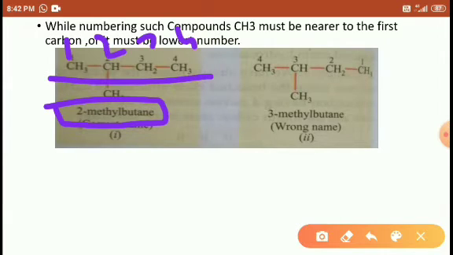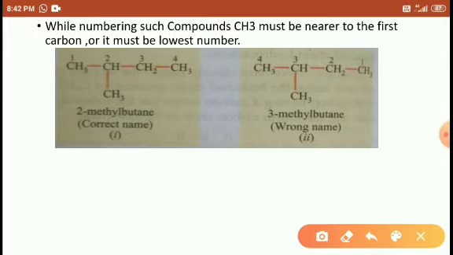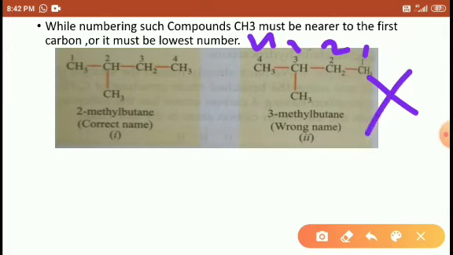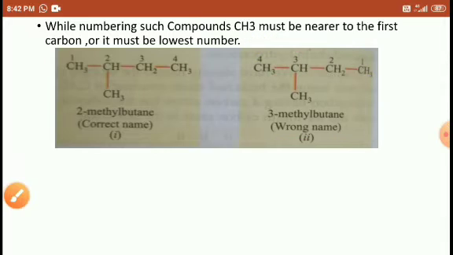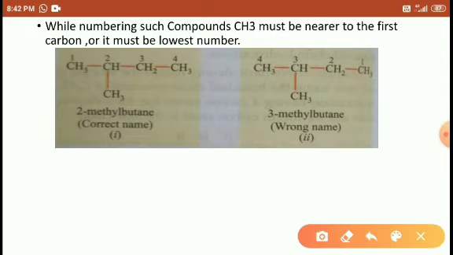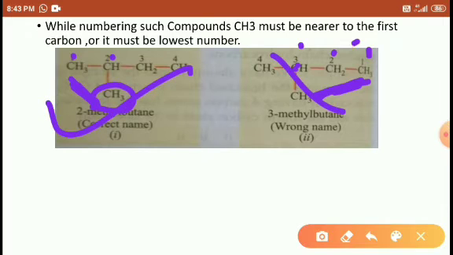If you number from the other side, 1 2 3 4, this is the wrong method students. Why is it wrong? Because the CH3 group must be nearest to the first carbon. Here the third position is far from the first carbon and the second position is nearer, so this is the correct method and this is the wrong method.